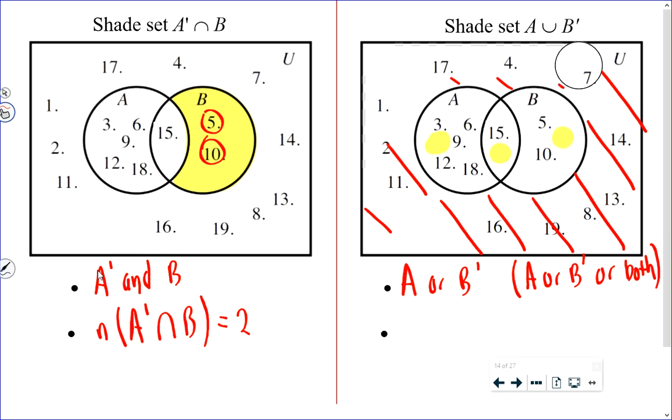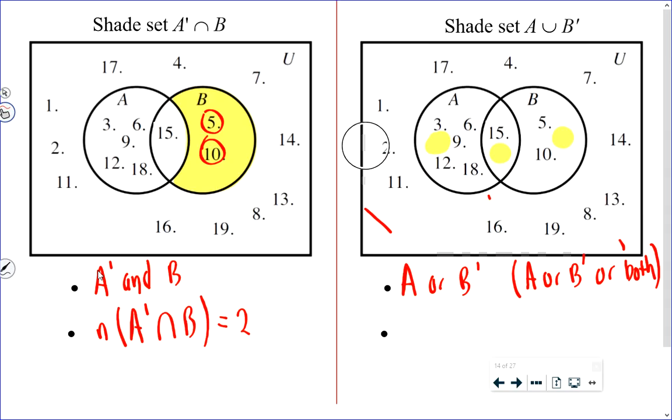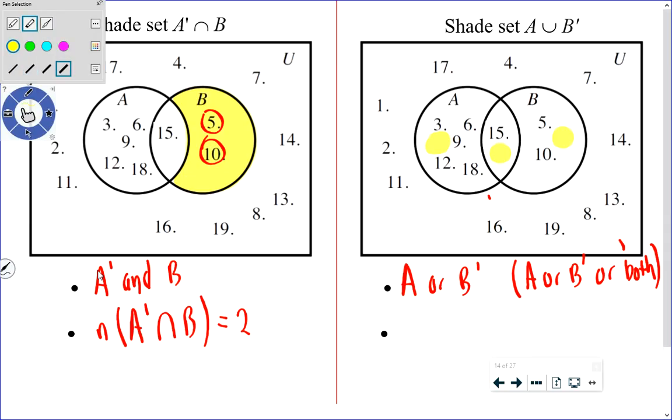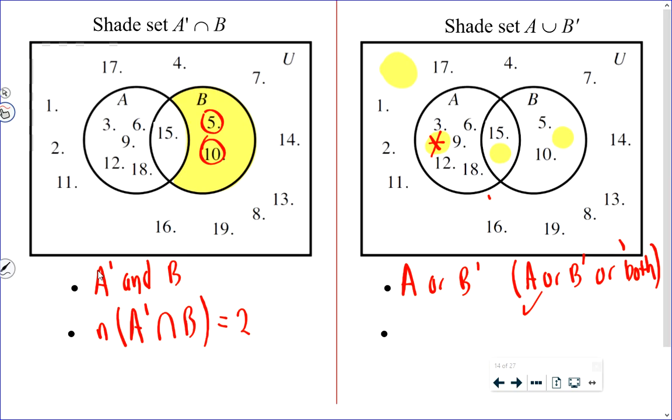I want to just clean this up a bit. So we are going to shade this piece. Now, let's focus our attention on this piece. Are the elements in this set A? Yes. Okay, we don't need to go any further. We need to shade that as well. So these 2 regions are going to be shaded.